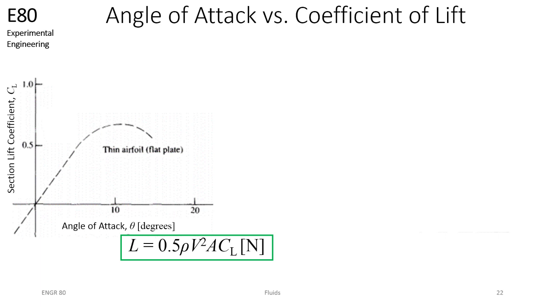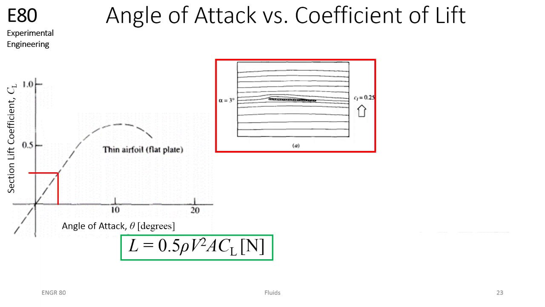As an example, here you see a graph of angle of attack versus lift coefficient for a flat plate. At a 0 degree angle of attack, the lift coefficient of the flat plate is 0, and therefore there is no lift. At an angle of attack of 3 degrees, the coefficient of lift on the flat plate increases to 0.25.